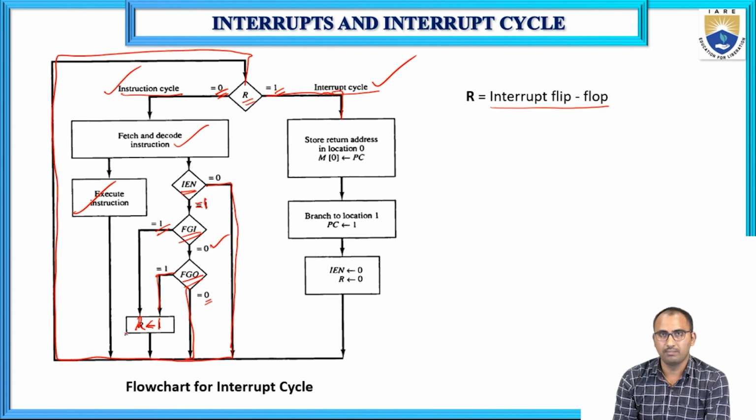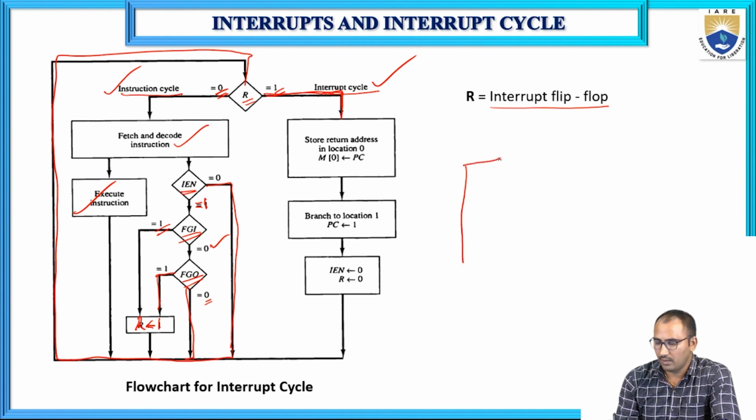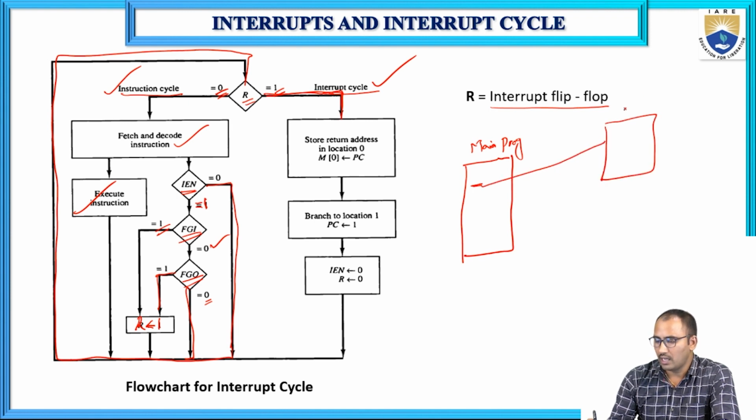interrupt flip-flop. So see here, in the interrupt cycle, what will happen? This is the main program. When somewhere in the main program an interrupt occurs, the program control is transferred to the corresponding IO related program.